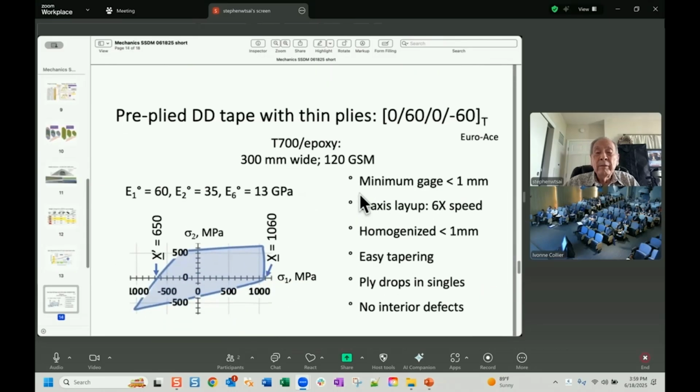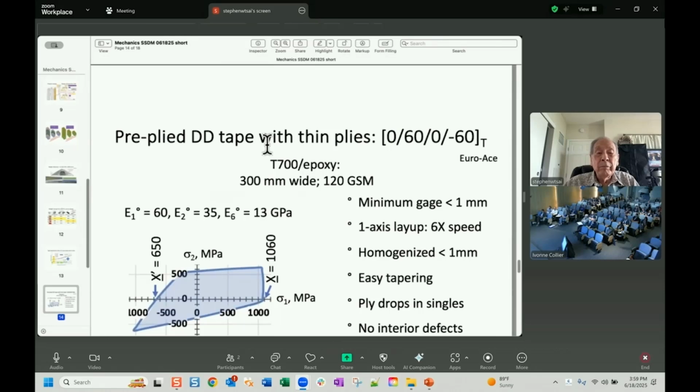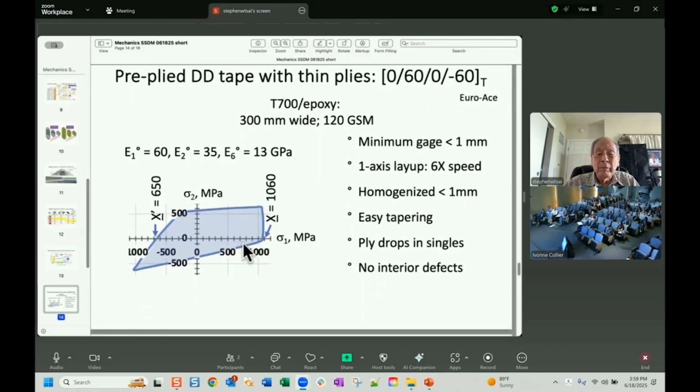And in particular, then we propose to use a pre-ply double. Pre-ply example, meaning we build in the angle, in this case 0 plus minus 60. When we use thin plies, the double are a perfect match, and that just shows these are the properties. And then you can have all the advantages.